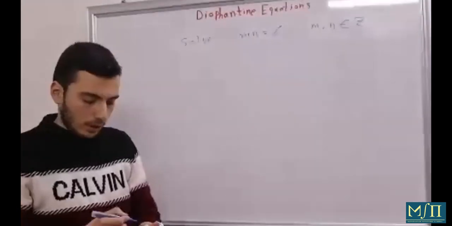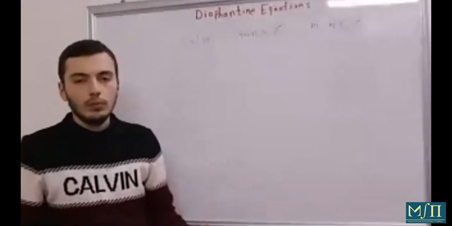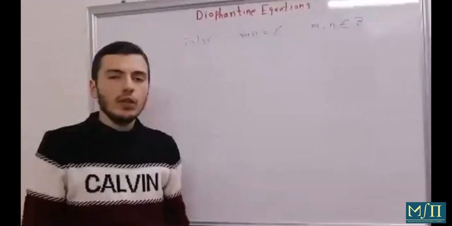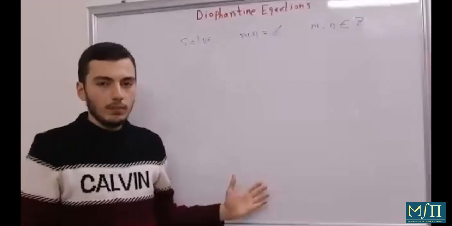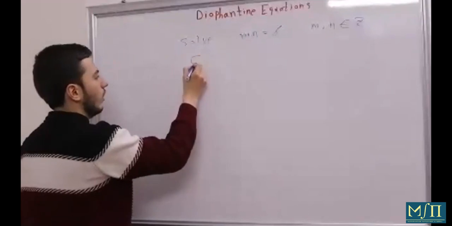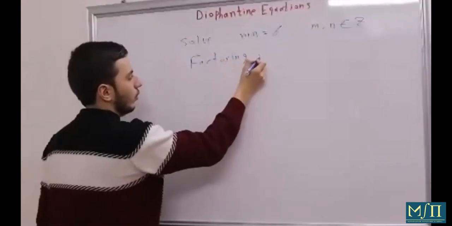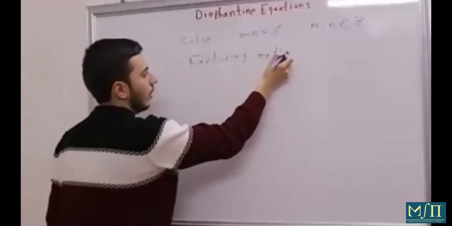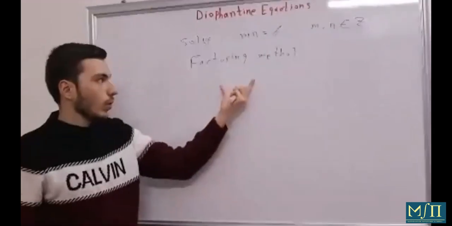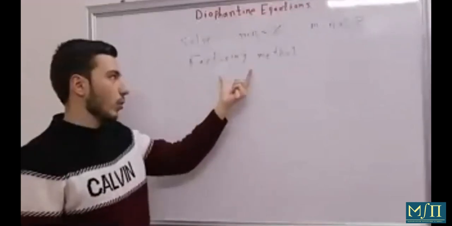Okay. Diophantine equations are really important and come up a lot in mathematical contests, and there are several methods to solve them. Some methods are the factoring method. So why do we factor, for example, the left-hand side?